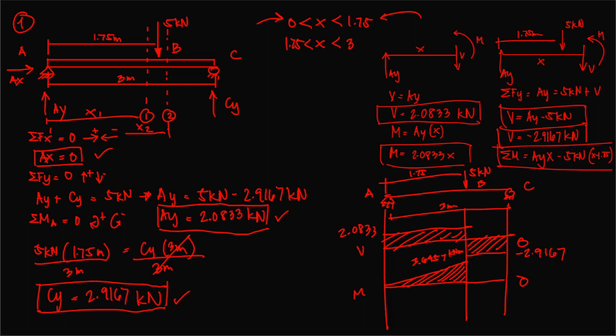And then using the second one and these starting and end values here, by inputting 2.0833x minus 5 times x minus 1.75, we will be having the answer.